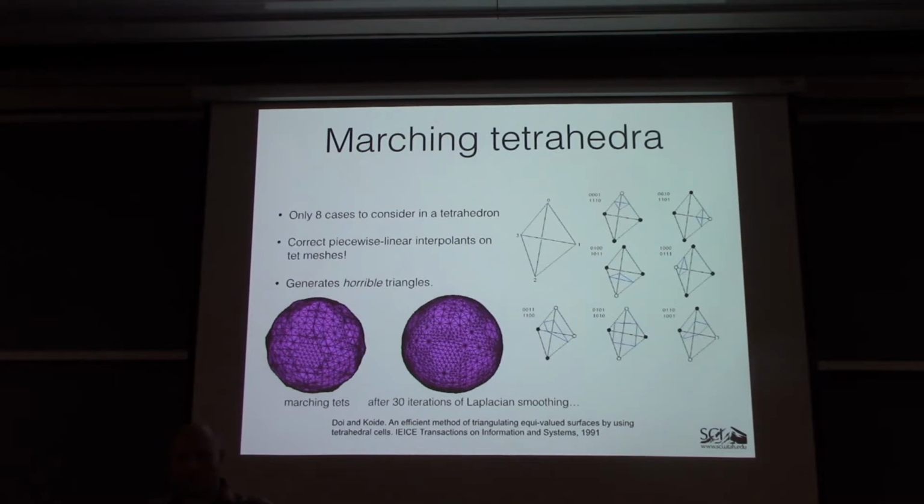Another paper, and I think this one is really unsung, is on marching tetrahedra, which are probably used in at least 70 or 80% of the use cases I can think of where you want an isosurface for computation as opposed to volume rendering for visualization.